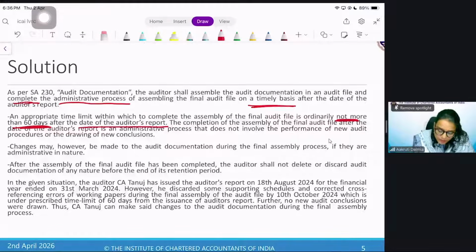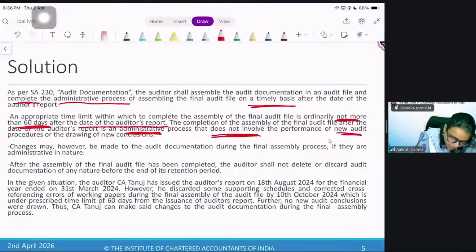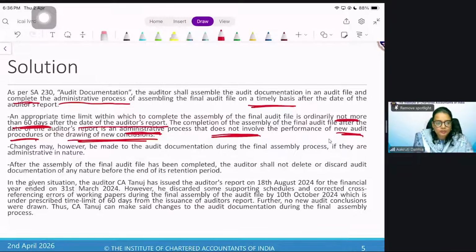The completion of assembly of the final audit file after the date of the audit report is just an administrative process, and it does not involve performance of any new audit procedures or any new conclusions. Changes may, however, be made to audit documentation if they are administrative in nature.